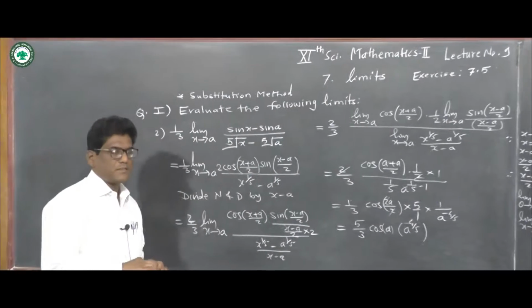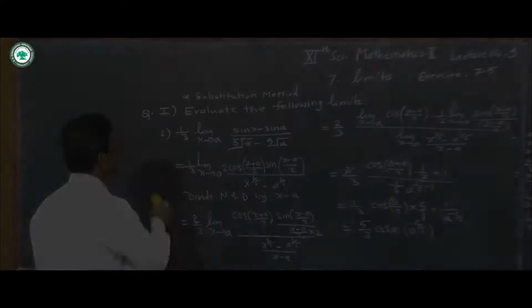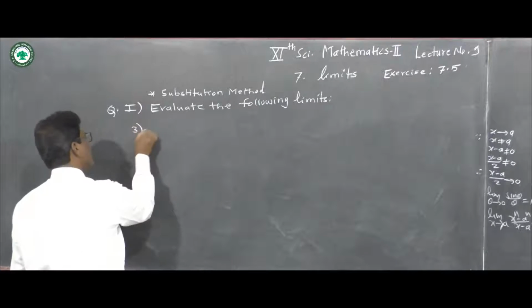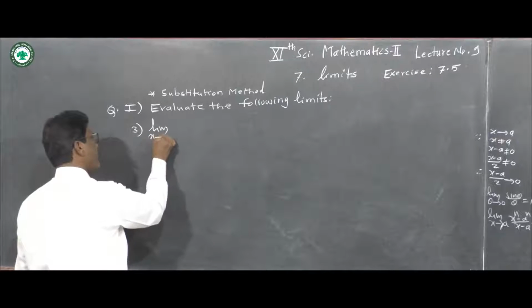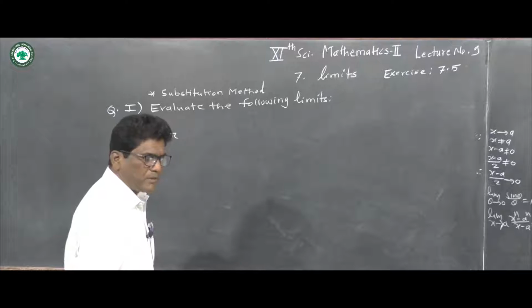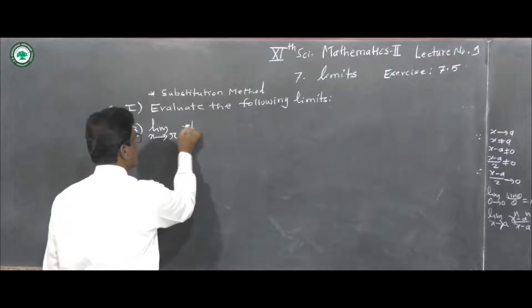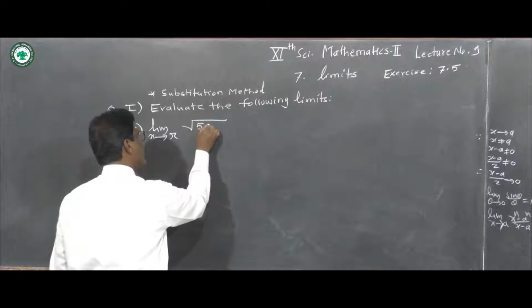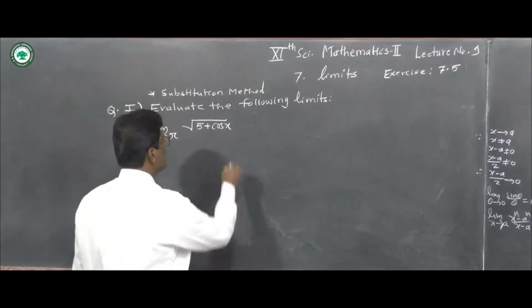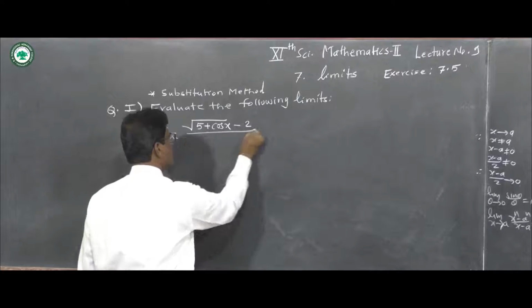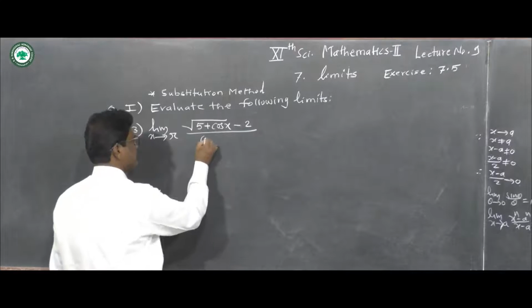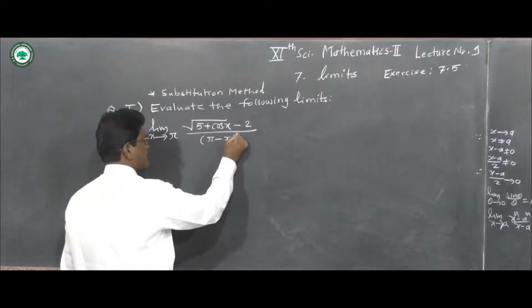Now we see here third problem. Limit x tends to pi, root of 5 plus cos x, minus 2, upon pi minus x bracket square.